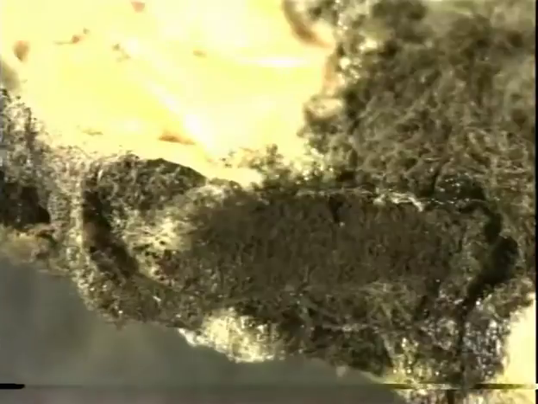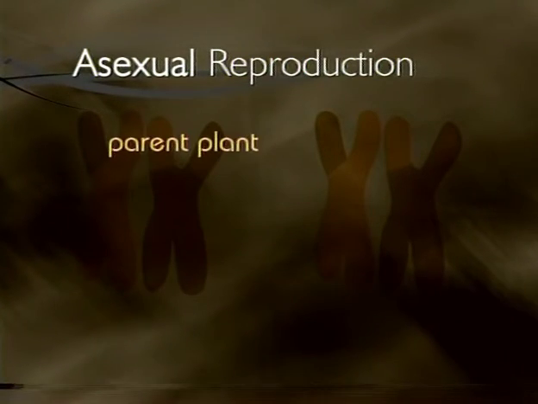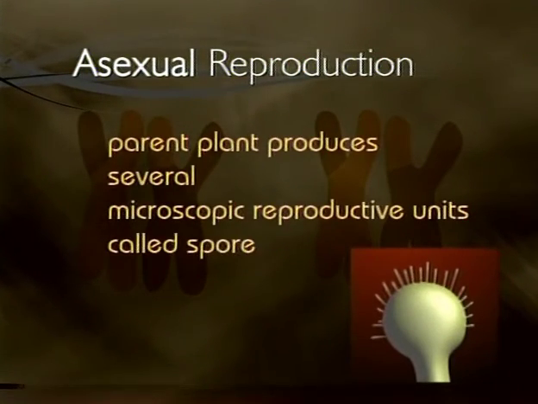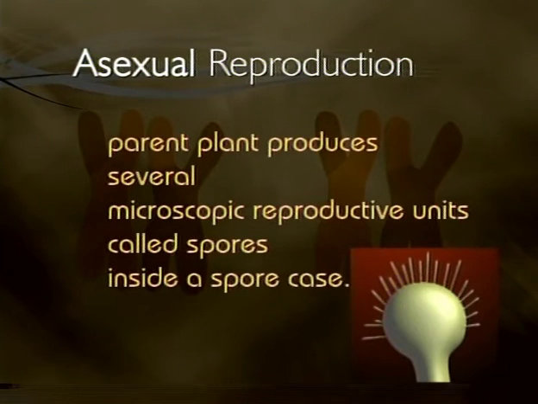Have you ever seen a brown structure on the underside of a fern leaf and wondered what it is? That is a sori, which is a cluster of spores. Let us have a look at this fungi growing on the bread. Spores again. Another method of asexual reproduction is spore formation, wherein the parent produces several microscopic reproductive units called spores inside a spore case.